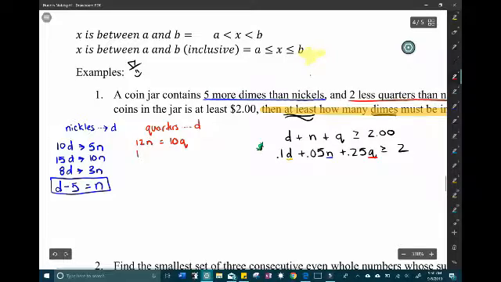If I have 10 nickels, that means I have 8 quarters. Say I have any n number of nickels. What I do is I'm subtracting 2 in order to equal the number of quarters.